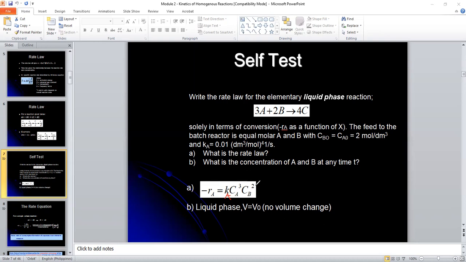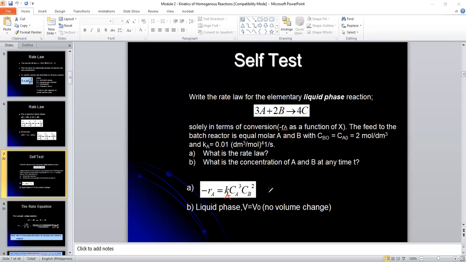It's still the same. However, your rate constant here will not be in terms of A, but rather in terms of B. So you will now have k sub B. Now, if you express the rate in terms of the product C, then this will now be positive. So this is just one way of writing the rate law.